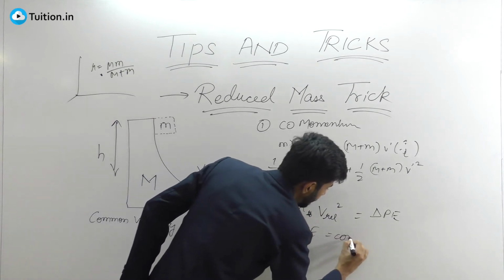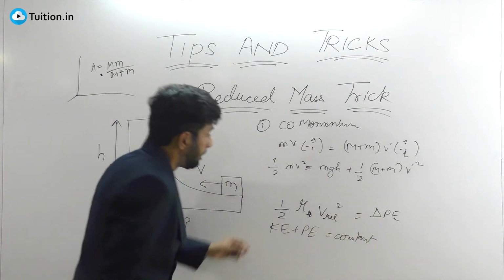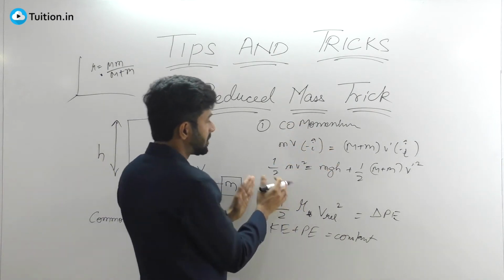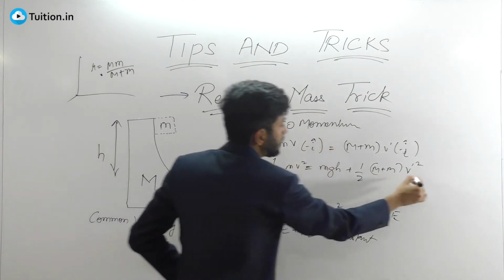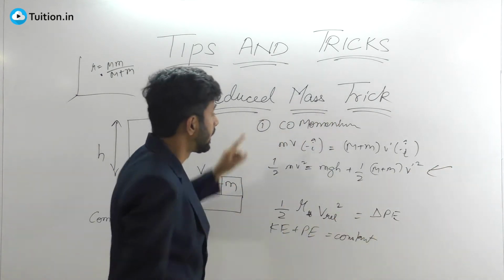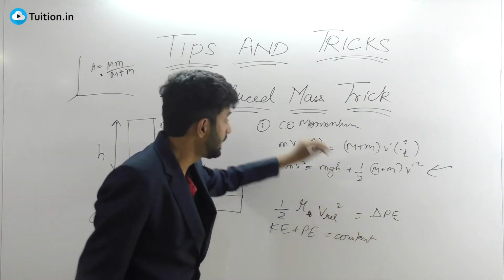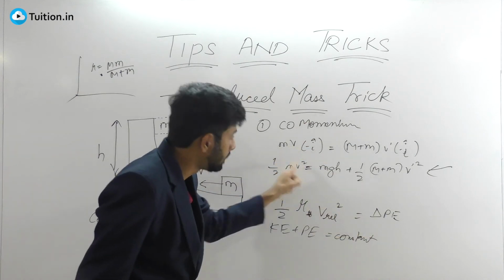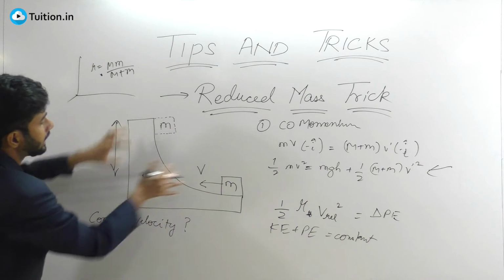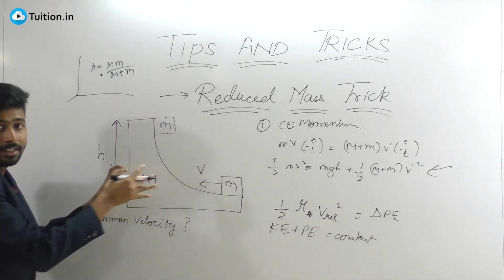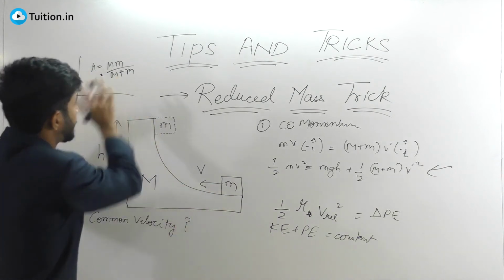This equation is the same thing as the earlier one, but here the mass is replaced by the reduced mass and velocity is replaced by v relative, the relative velocity between these two. Remember, only the relative velocity between these two is available for conversion in this frame.